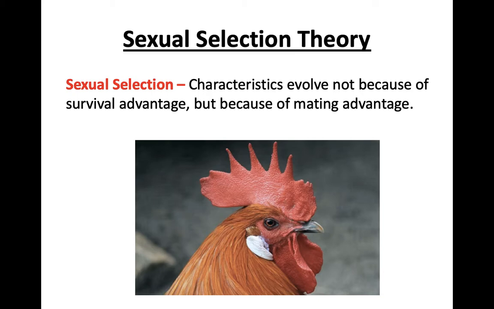That would seem to be a target for a predator. Darwin had to explain this, and he said there are some characteristics that species have, not because of a survival advantage, that is, to find food or avoid being food, but because they provide a mating advantage. And that's sexual selection theory.